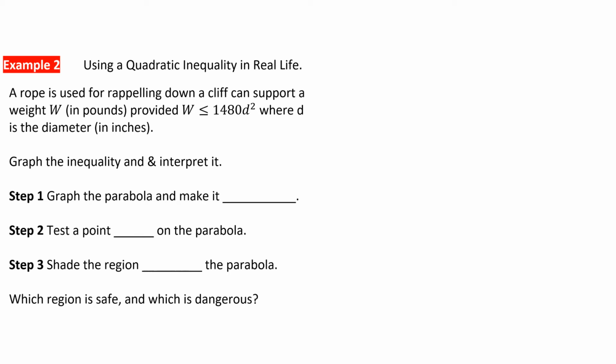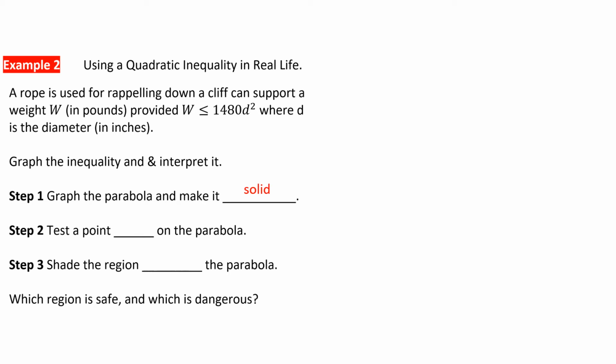So the first thing that we want to do is graph the parabola, and remember our question would be, do we want to make it solid or dotted? Look at our inequality symbol. It's less than or equal to, and because of the equal, we want to make it a solid line. We want the full parabola, not dotted.